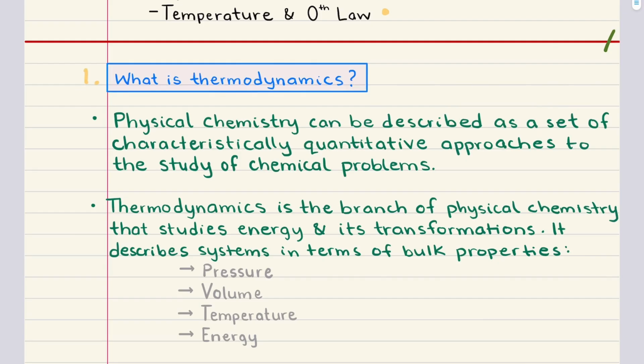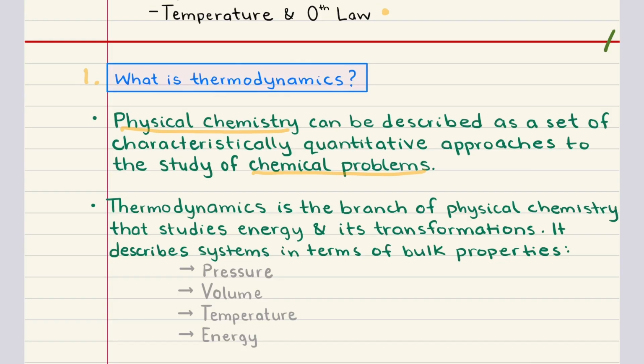What is thermodynamics? Physical chemistry as a discipline is often defined as the application of quantitative methods to chemical problems. That means we go beyond descriptions and instead measure, calculate, and model chemical systems in a way that lets us make predictions.